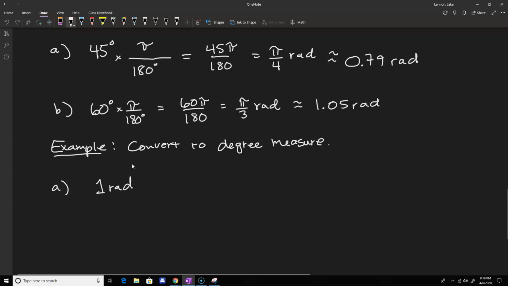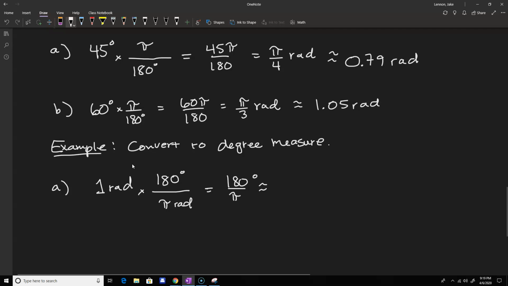If we wanted to know the degree measurement of 1 radian, you could visualize that and maybe guess an estimated value. But what do we do here? Well, now we want to cancel out radians. So we want the degrees on top, 180 degrees, and we want the radians on the bottom. So this would come out to exactly 180 over pi degrees, and we would want to do that in our calculator.